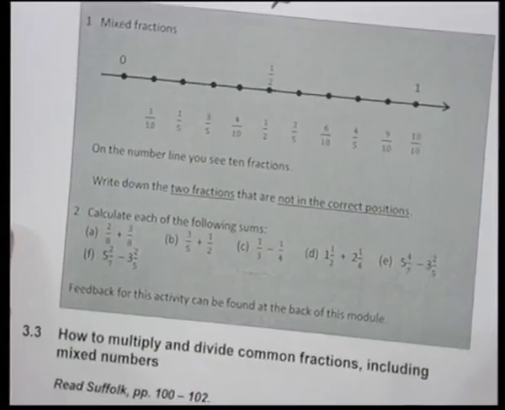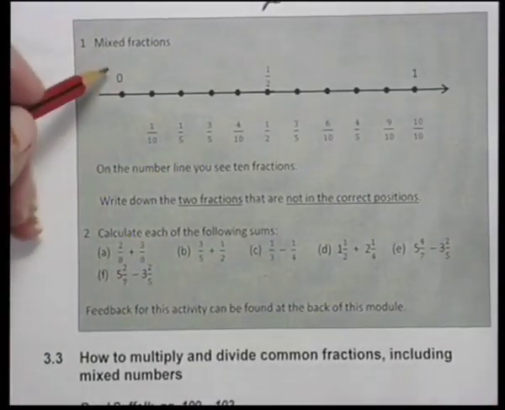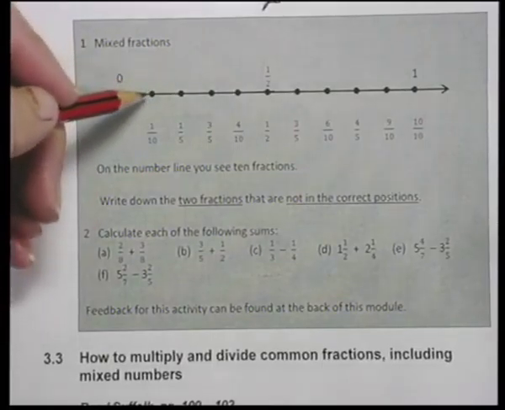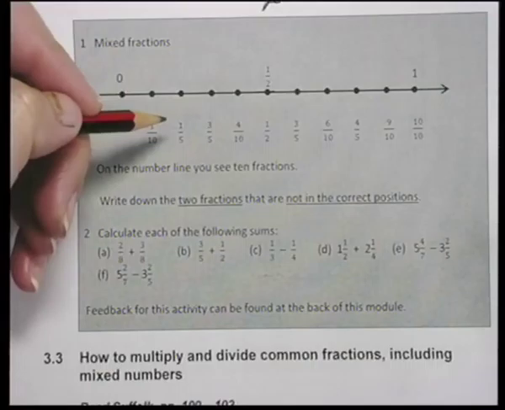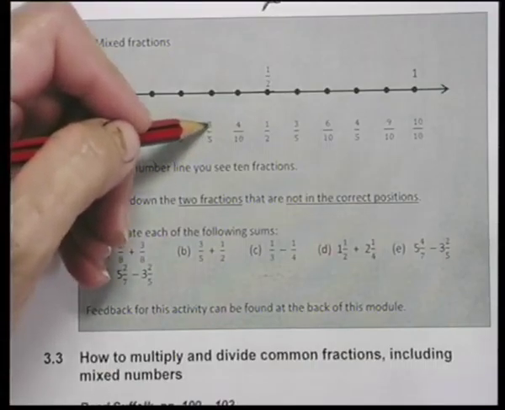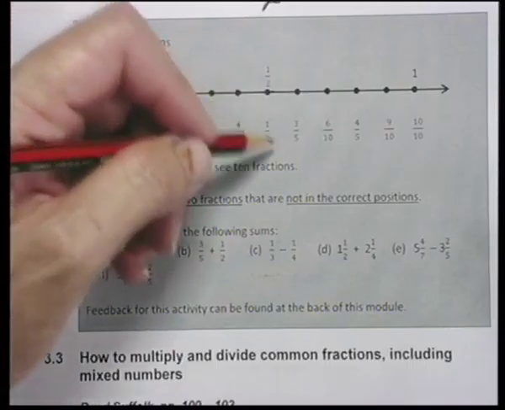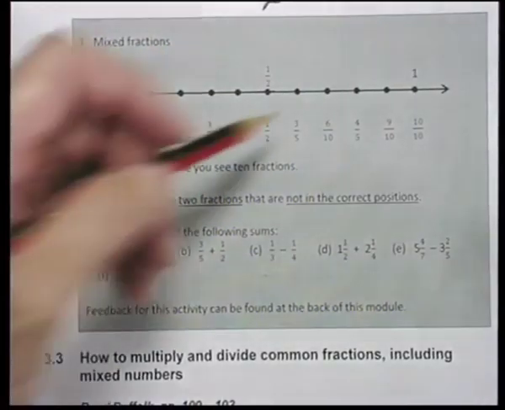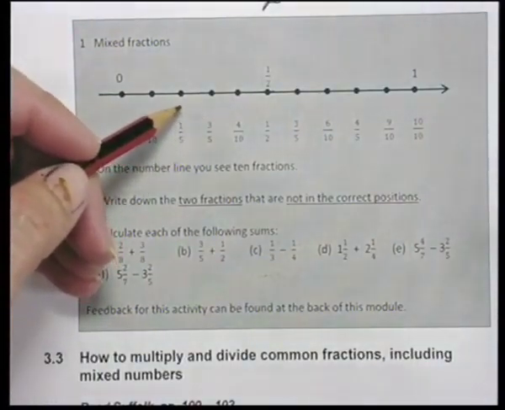Now if we have mixed numbers, mixed fractions, there we see we have 1 and 1/5. This 1/5 is the same as 2/10. 3/5 is 6/10, and so on. Right, we can carry on like that.